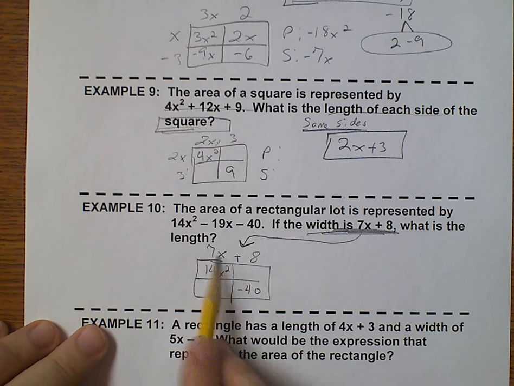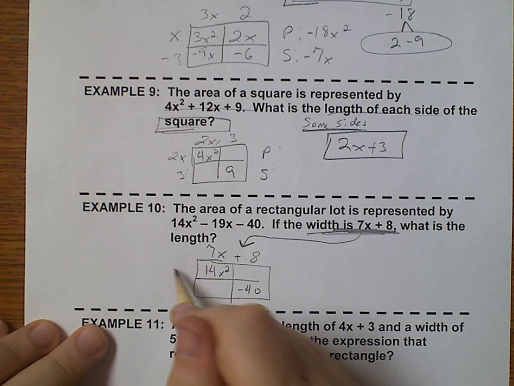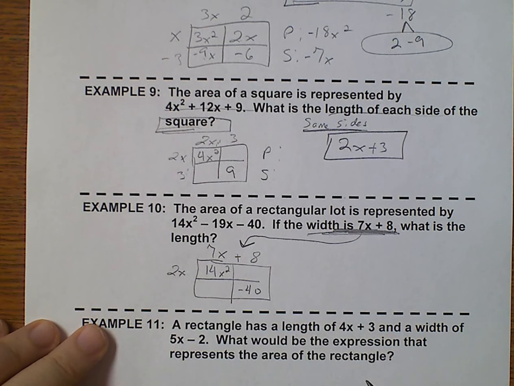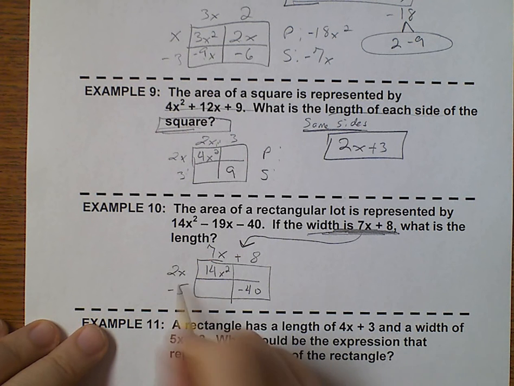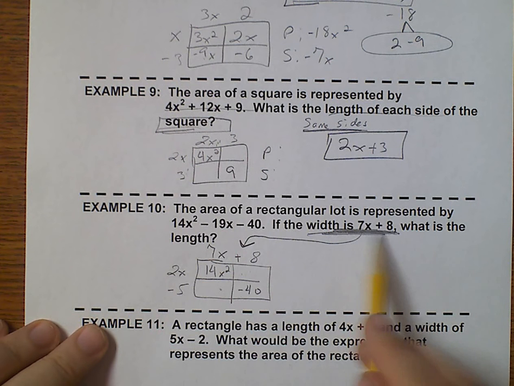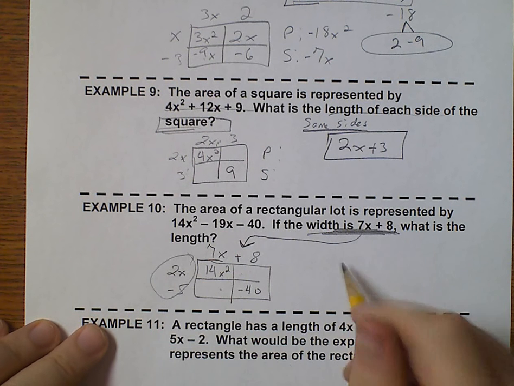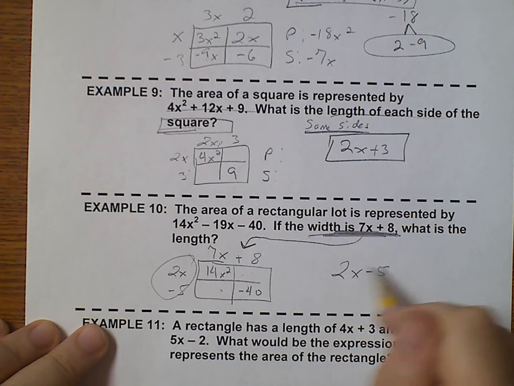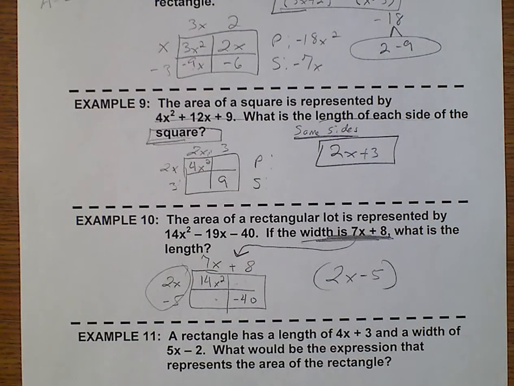What times 7x is going to be 14x squared? Well, that will be 2x. And what times 8 will give me negative 40? Well, that would be a negative 5. And I don't even need to know product or sum. They gave me this piece, which means that this is my answer, 2x minus 5. And I don't need to fill out the rest of the box.